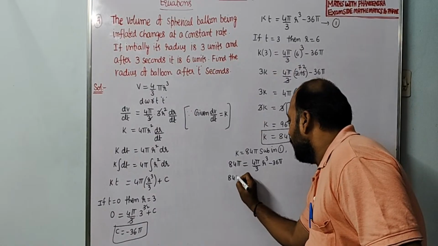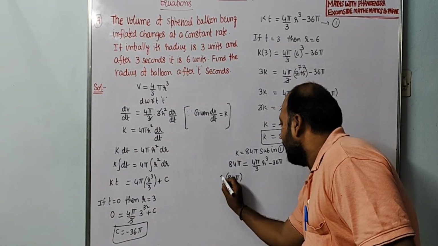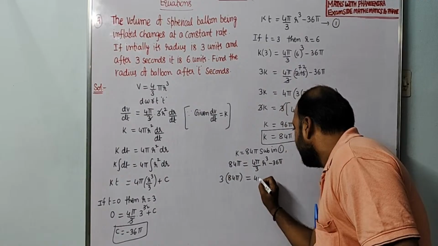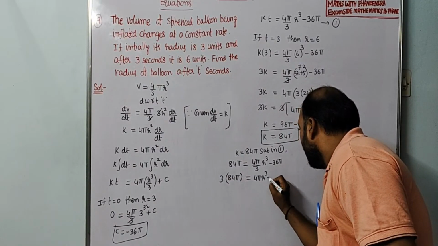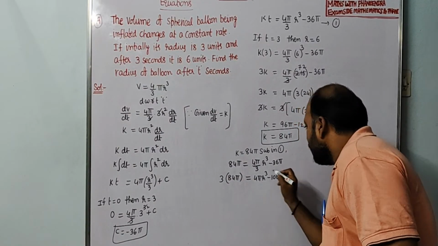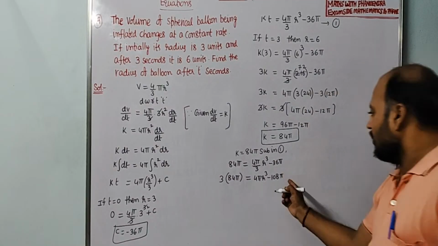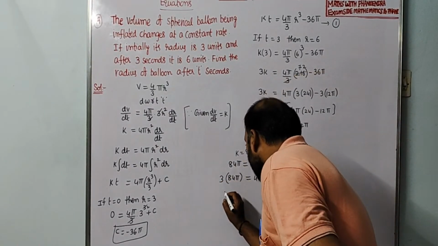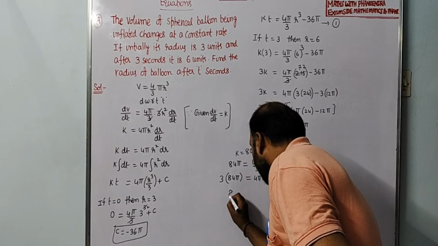So 84 pi into 3, I am taking the LCM directly, is 4 pi r cube minus 108 pi, which is 3 times 36. Bring this to this side. So it will be 3 4s are 12.